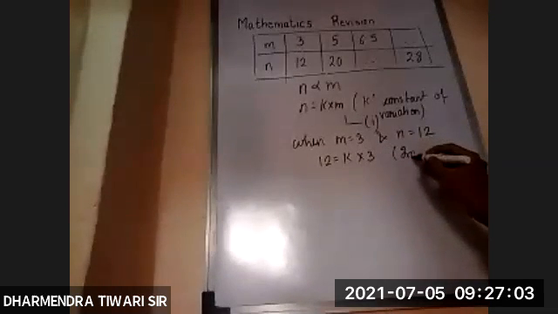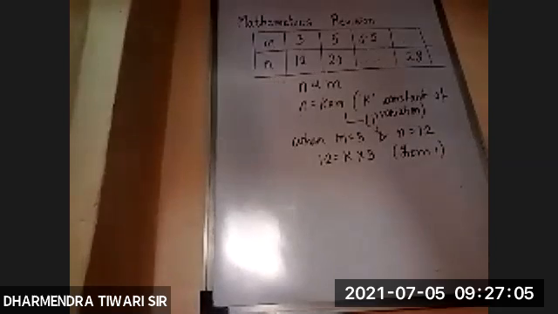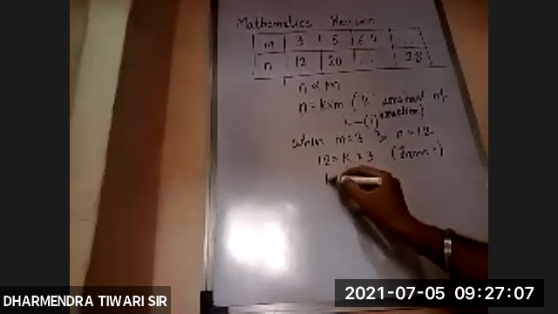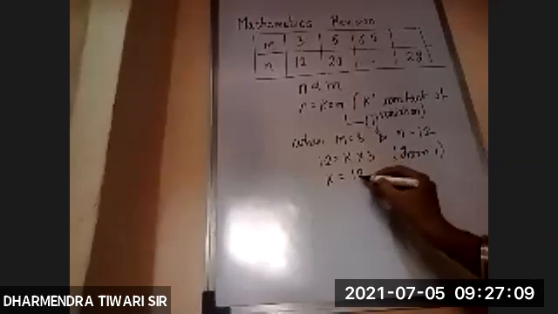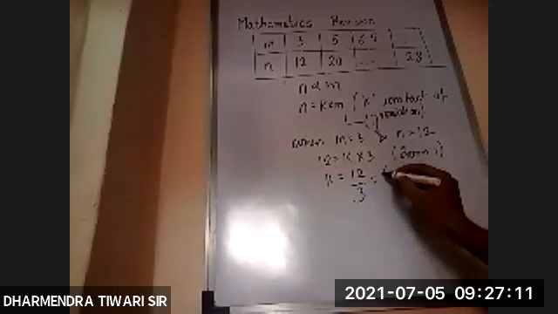From equation 1, the value of K is equal to 12 divided by 3, which is 4.